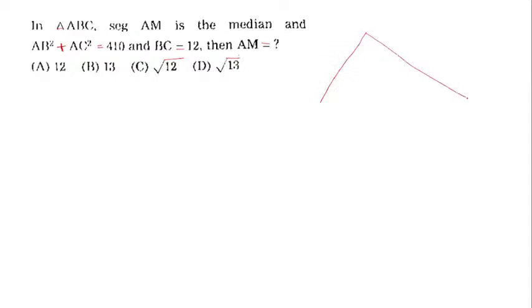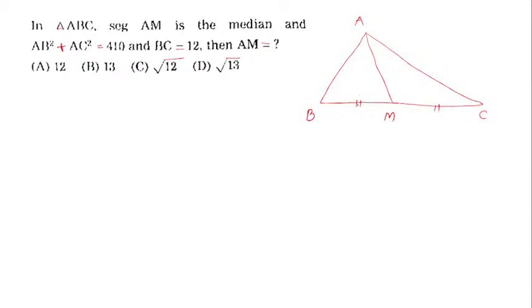Let's have triangle ABC. So this is triangle ABC. AM is the median, so we have to draw AM. So as AM is a median, BM must be congruent to CM. And as a median is given, we should use the Apollonius theorem.